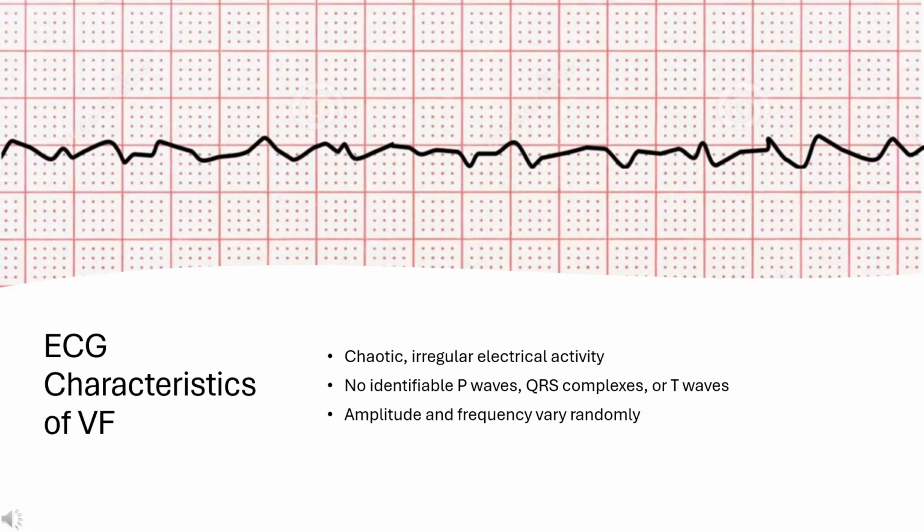Ventricular fibrillation, also known as VF or VFib, is one of the most critical rhythms to identify on an ECG because it requires immediate intervention to prevent patient death. The hallmark of VFib on an ECG is chaotic, disorganized electrical activity. Unlike normal rhythms, there is no coordinated electrical signal that leads to effective heartbeats.